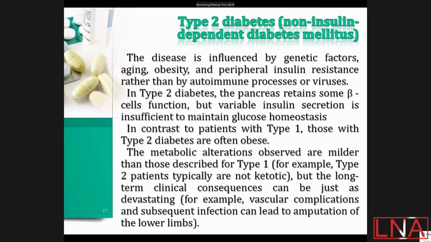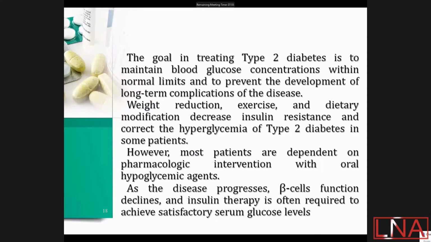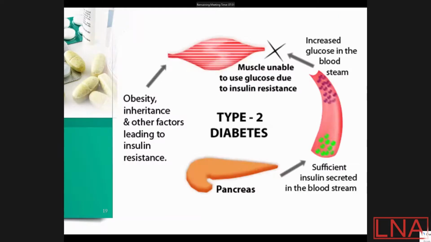In this situation, beta cells produce insulin, but not enough, and other processes I told you about before, where insulin influences protein and adipose tissues, might also be affected, resulting in increased glucose blood level. So almost the same scheme, but different causes.